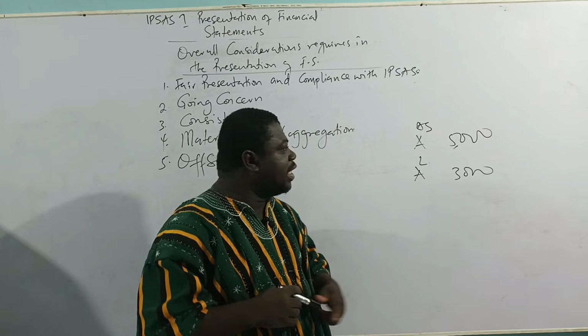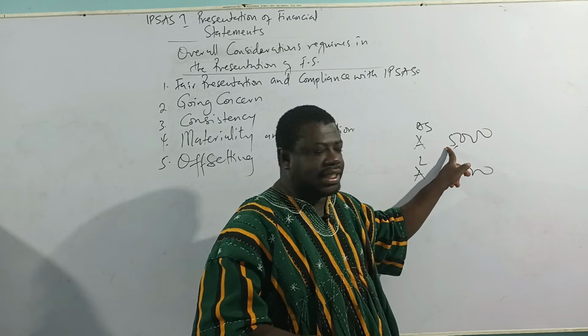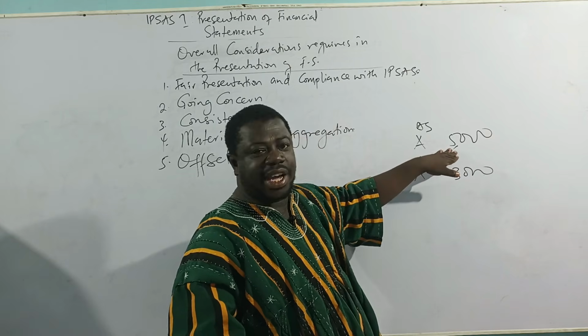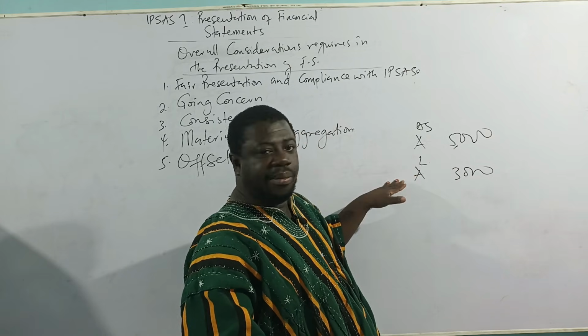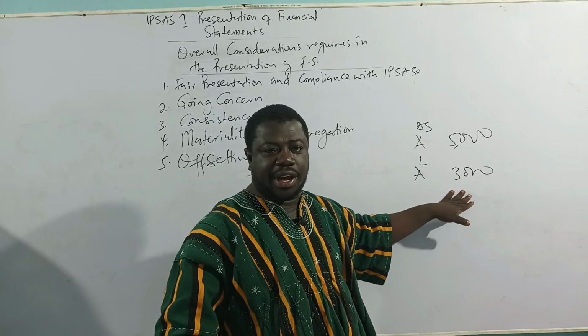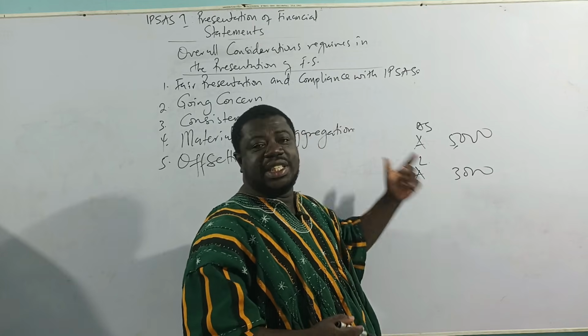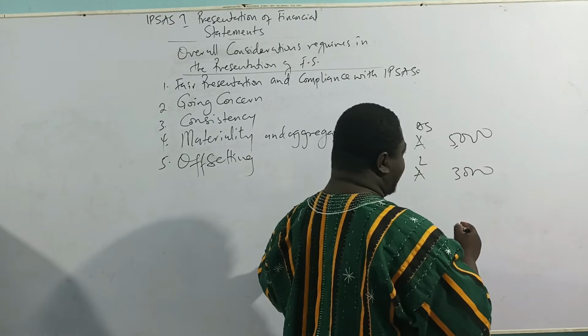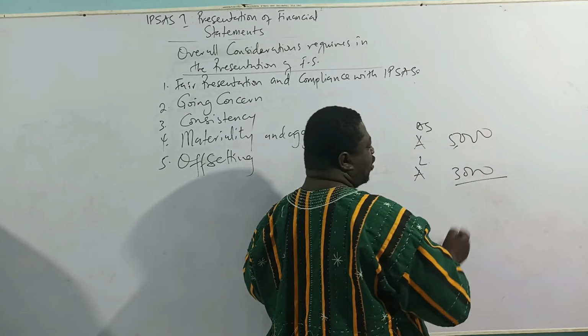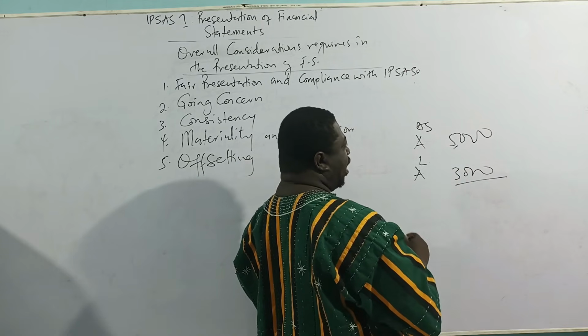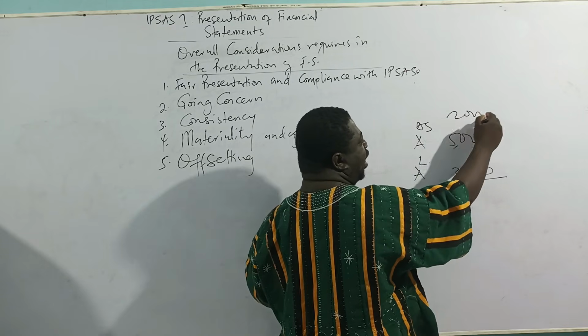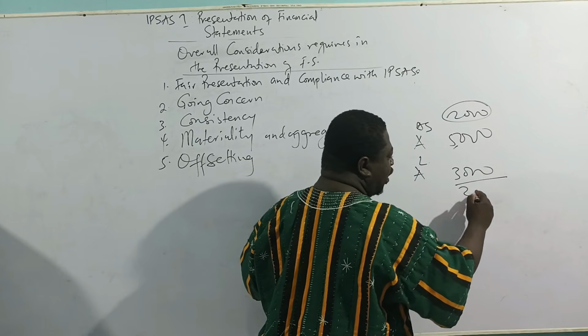Now, instead of the entity writing assets, we owe customer A receivables 5,000. Liabilities, we have a payable of 3,000 to pay to customer A. Because it's the same customer or a person, they want to offset so that the 3,000 will not appear and they will only write the balance of 2,000, because the difference is 2,000.